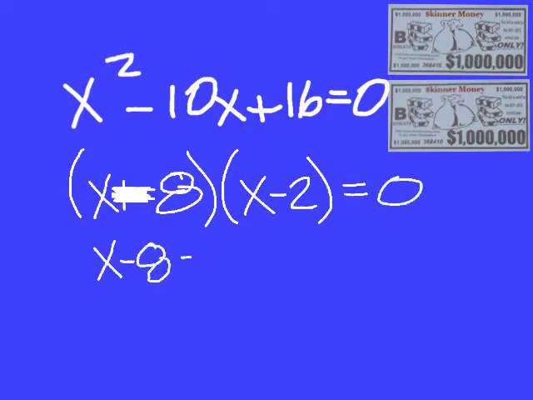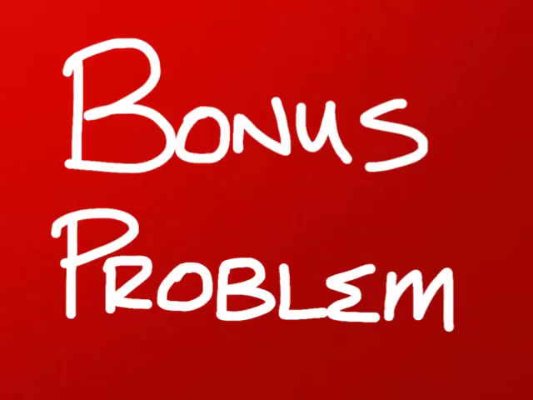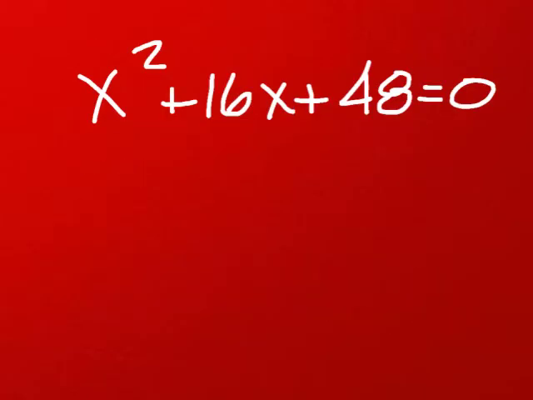So that would give you x minus 8 equals 0, which comes out to be 8, or x minus 2 equals 0, x equals 2. Answer is negative 12 or negative 4. Everybody had that.